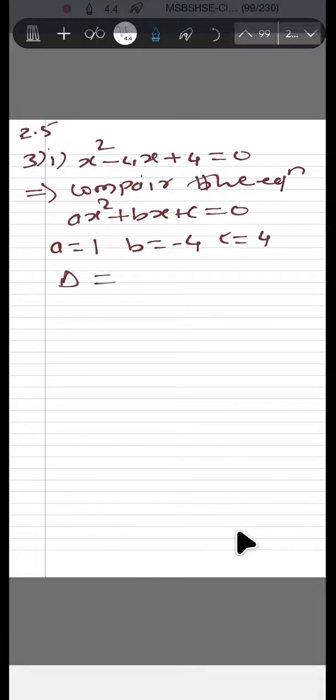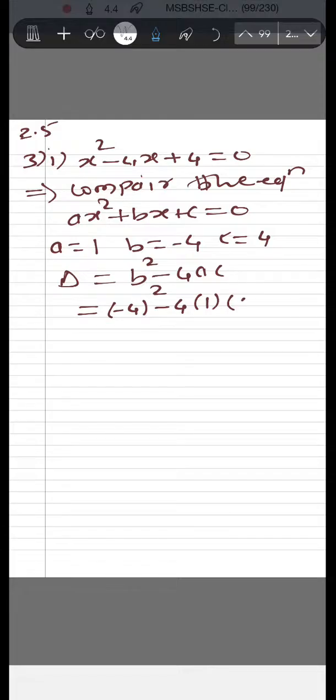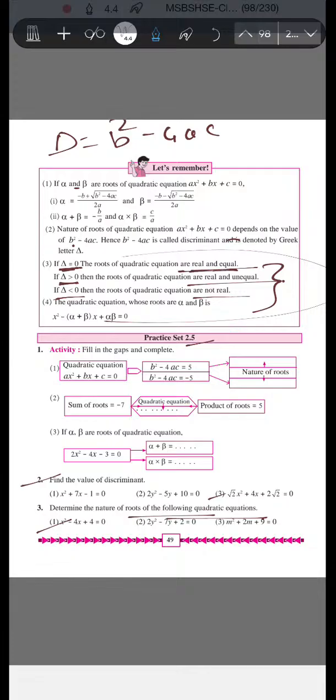The discriminant value, which is b square minus 4ac, which is equal to minus 4 square minus 4 into 1 into 4, which is equal to 16 minus 16, which is equal to 0. What is the conclusion? If the discriminant is equal to 0, then they are real and equal.